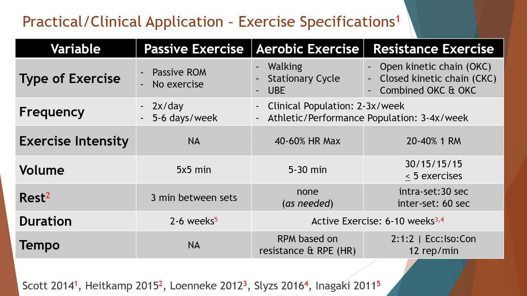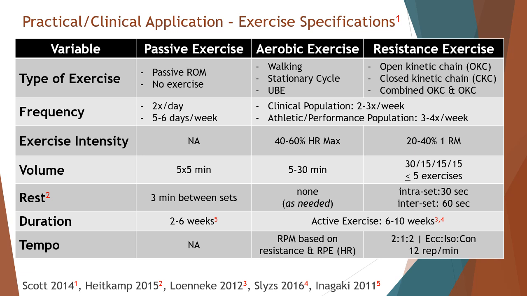You have the volume of the 5x5 for your passive with a higher frequency, up to twice a day for 5 to 6 days out of the week, whereas your aerobic and your resistance is usually done closer to 3 to 4. The exercise intensity is mild to moderate, both aerobic and resistance based.